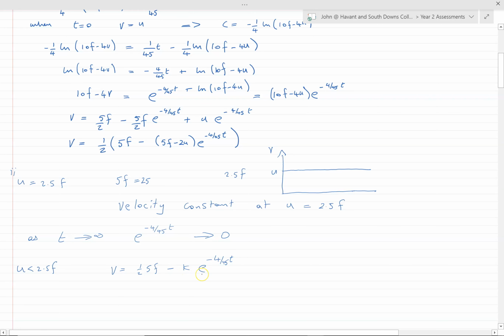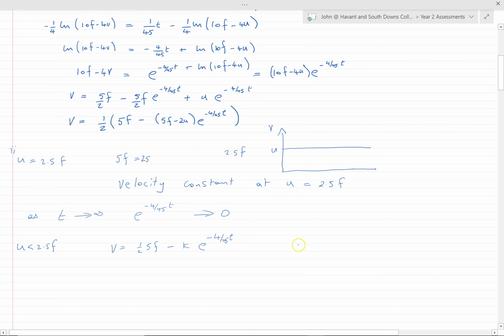So in that case, what's going to happen is the velocity is going to be, you're going to have a case here where we've got the initial velocity u, and it's going to be increasing towards the value, minus 4 over 45t.